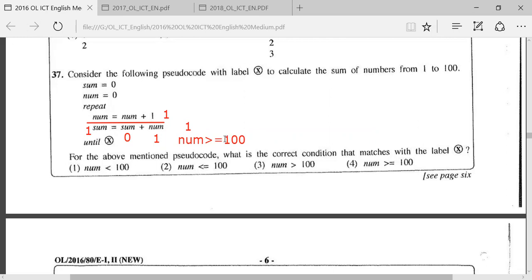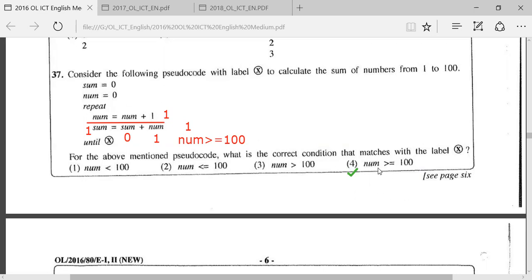At one stage 99, false. 100 greater than or equal 100, which is true, exit from the loop. So that's why most appropriate answer is fourth answer option, right?